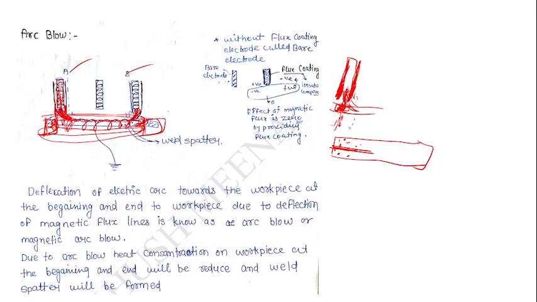Because here the flux line will change direction, and here it is attracting because of the magnetic flux line. Here the flux line will change direction. That is why it will not attract at this moment, so it will get attracted towards this side only. So here also it will change the direction, and it will get attracted towards the workpiece.